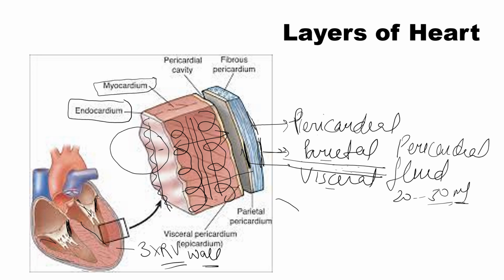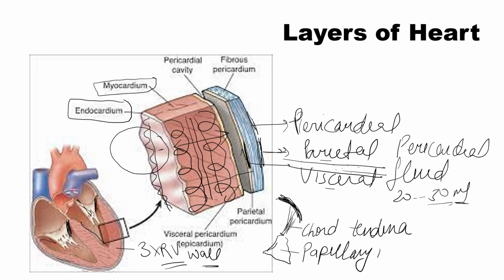Talking about one cusp of a valve, these are attached to a fibrous structure called chordae tendineae. This chordae tendineae is basically connected with a muscle mass, and these muscles are called papillary muscles. Now these muscles are continuous with the endocardium.